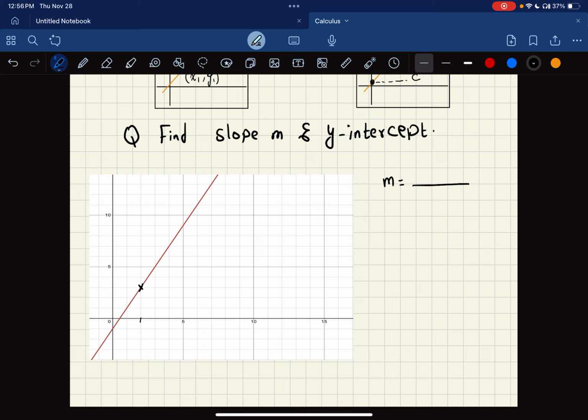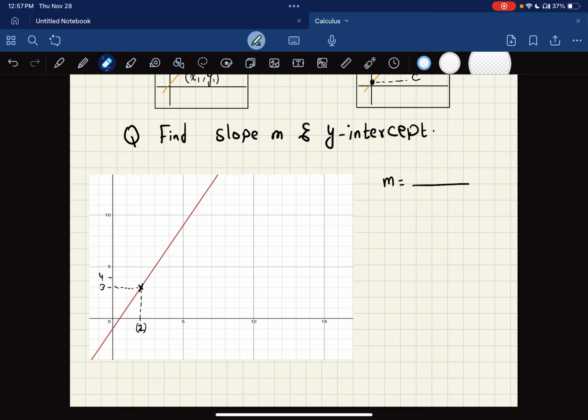Since I can see that these are 5 boxes, so one, two, three, four, five, and I can see the five clearly labeled over here, I know that for each box, we have 1 unit increase in the x coordinate. So according to this point, the x coordinate would be 2. And as far as the y coordinate is concerned, it's 1, 2, 3, and 4. So the y coordinate would be 3 over here.